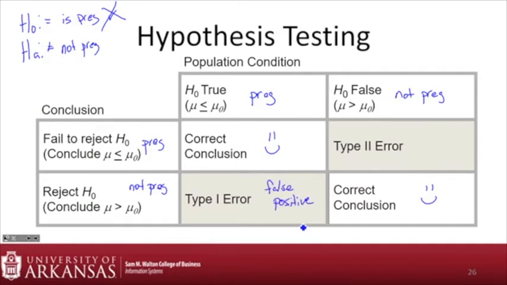So we said it was true, so that's the positive part. We were wrong, that's the false part. Last option is that type 2 error. So you're not pregnant, but the test tells you you're pregnant. And that's your false negative. Questions, comments, thoughts about that one?